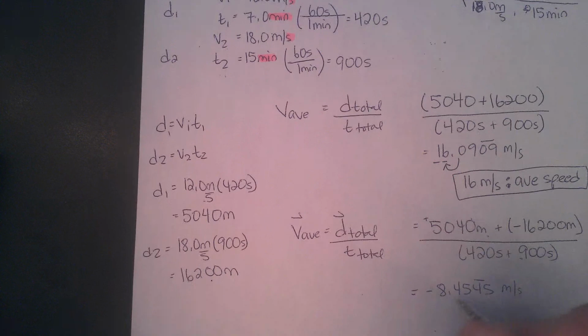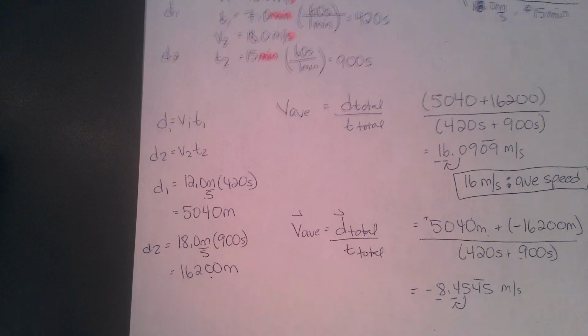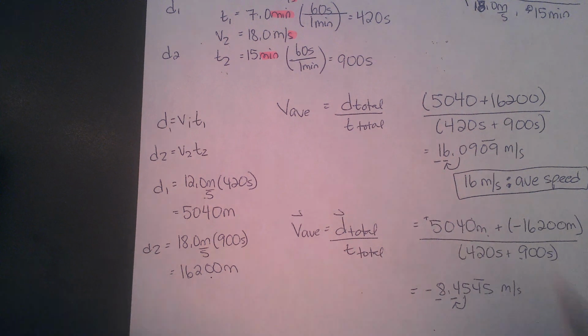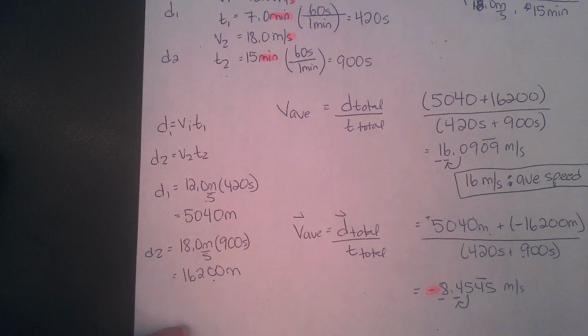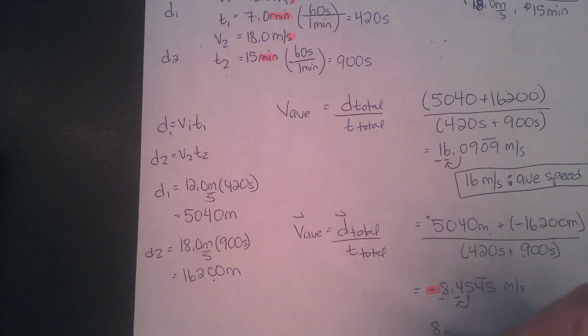And here, two significant digits, which means that 5 will play on the floor. And then paying attention to this value. He went 8.5 meters per second.